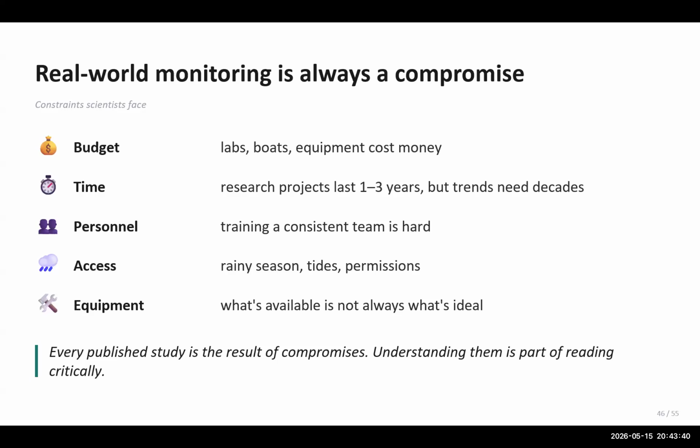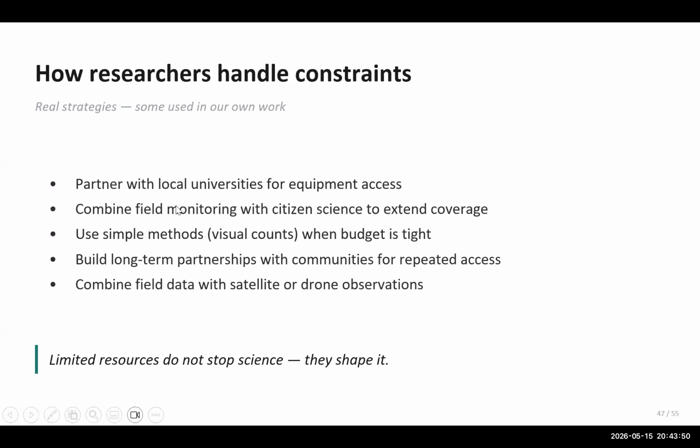Understanding them is part of reading critically any paper, any research project. But considering all these real problems, how will researchers handle these constraints? They will not stop the science, they will shape it.